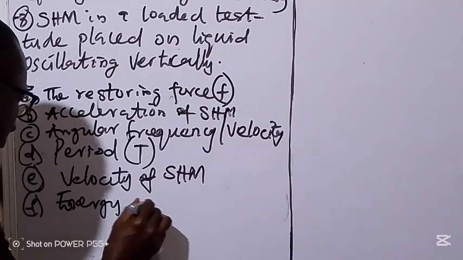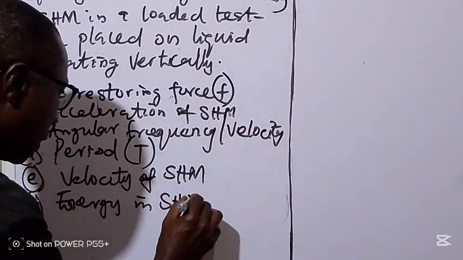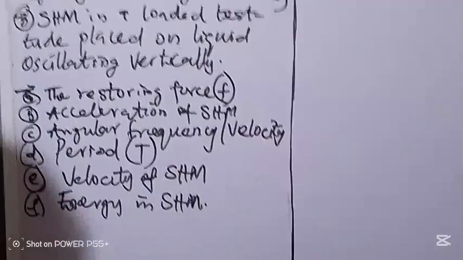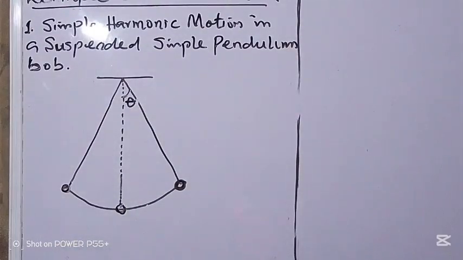The first thing we are going to look at is simple harmonic motion in a suspended simple pendulum bob.